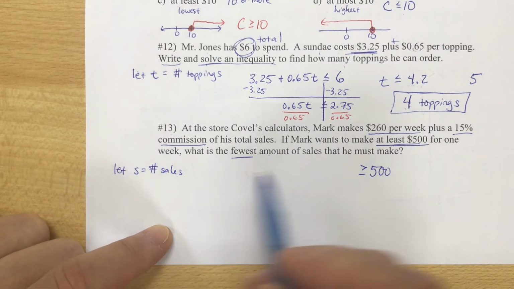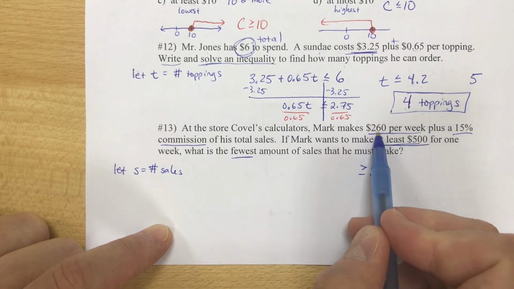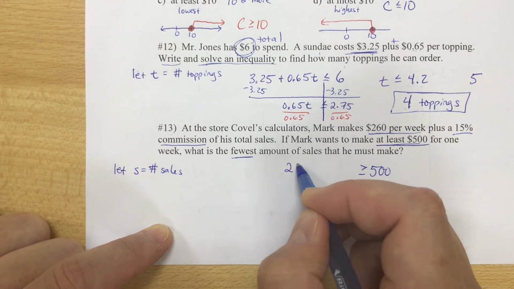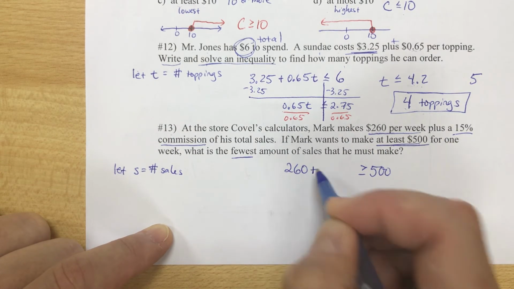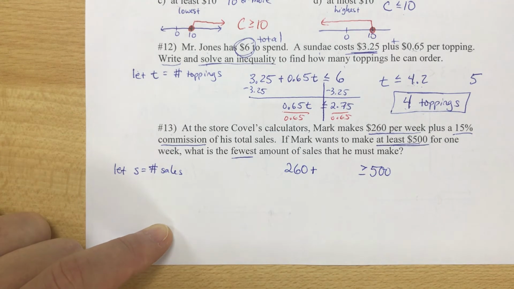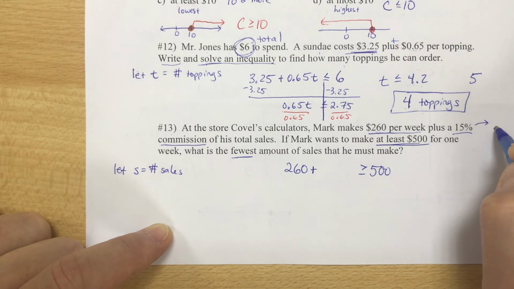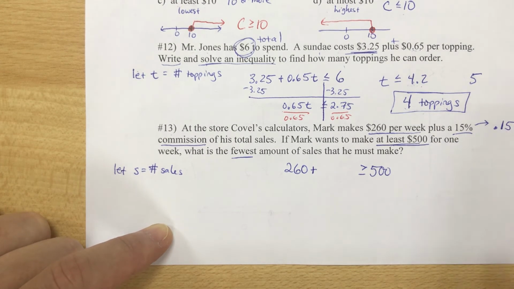Now his money, he makes $260 per week no matter what. So we'll start with 260, but he can add money by selling calculators or selling the product. Now 15% is 0.15 as a decimal.